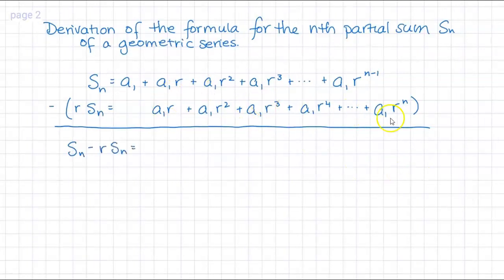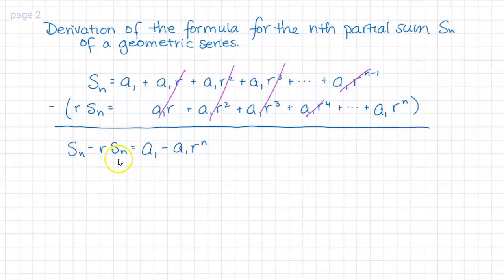But on the right-hand side, some stuff cancels. This is going to cancel, this is going to cancel, this is going to cancel. We'll have this term, it'll cancel out with something above it. This term is going to cancel out with something below it. But we're going to have this guy off at the end that won't cancel. So this term and this term don't cancel. So I do have a sub 1 minus a sub 1 r to the n left.